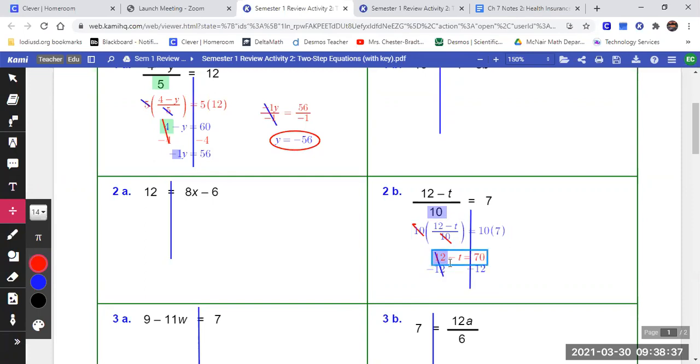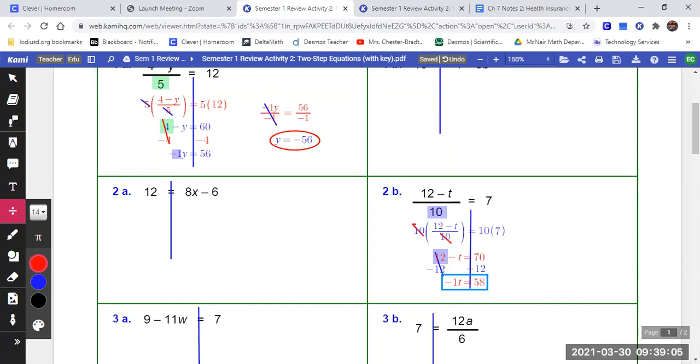We got rid of the 12. What was left? Negative t. And let's write it the other way, negative 1t, to remind us that there is a number in front of that t, right? Negative 1t has to equal 7 take 12 away. What are we going to do? 7 take 12 away. Negative 5.